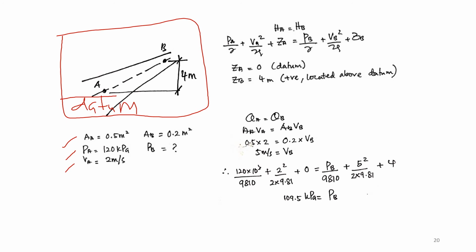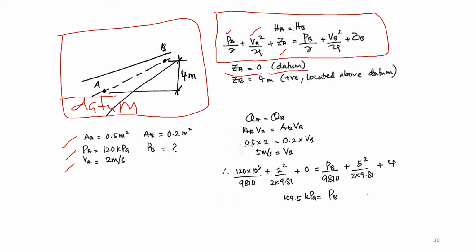So this is the Bernoulli equation that we need to use because we are measuring the pressure at 2 points. So this is pressure head, kinetic head, and also potential head. So we can substitute ZA as 0 because it is the datum, and ZB is 4 meter above the datum.